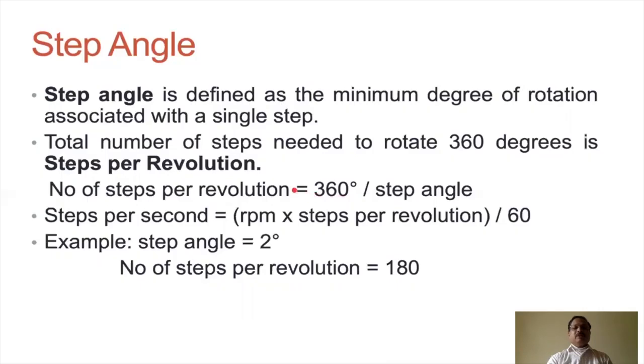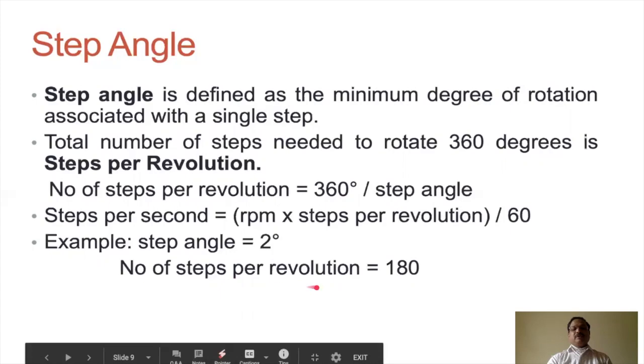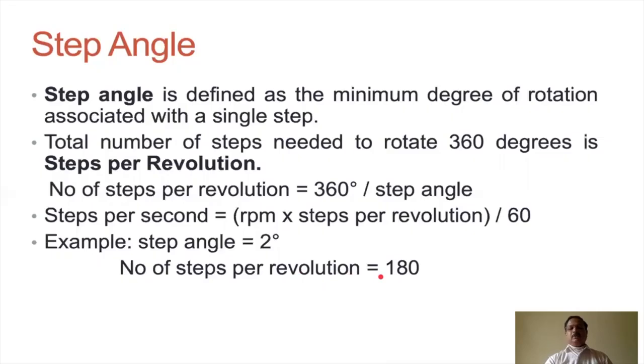What does step angle mean? It is defined as the minimum degree of rotation associated with a single step. If the step angle is 2 degrees, the number of steps per revolution will be 180. So we can control through software how many rotations we want the motor to make.